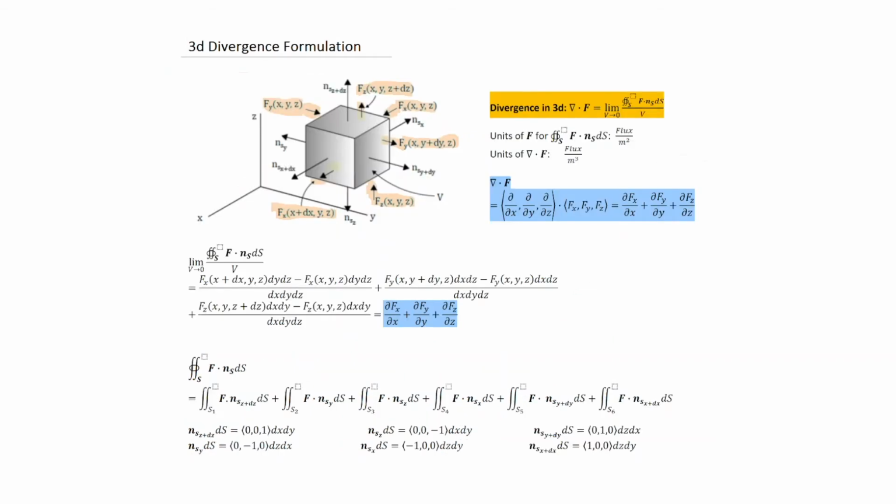All right, we've done the computation of the divergence for 2D. We're now going to consider the case for 3D. In other words, the formulation of the 3D divergence formula. So the picture that we're using here is going to be different because the definition in 3D for divergence involves integrating the flux over a closed surface.